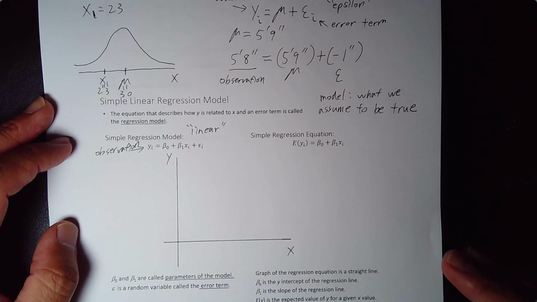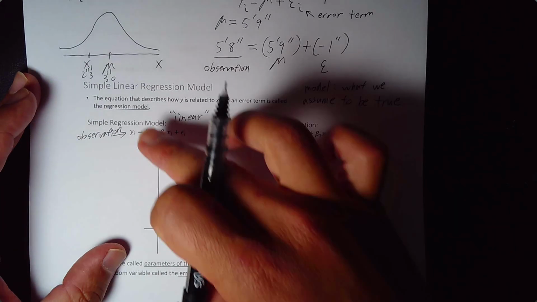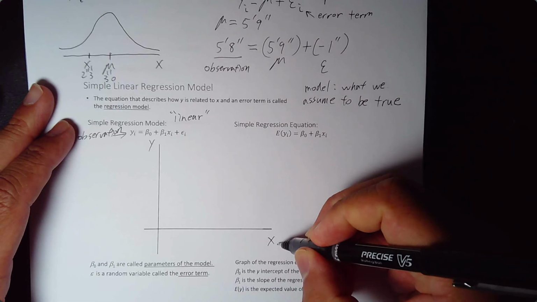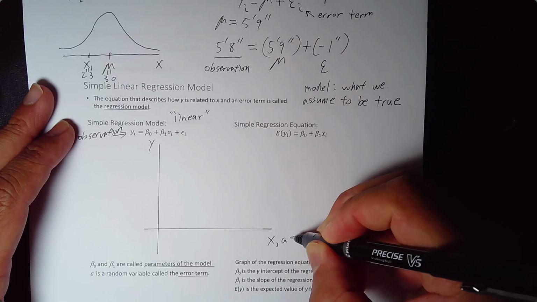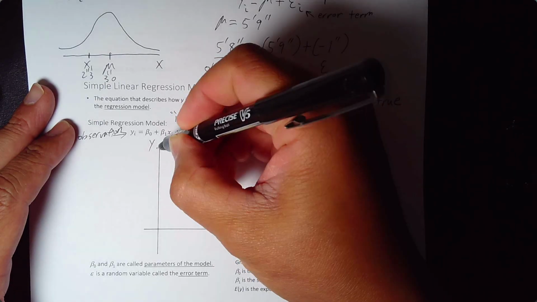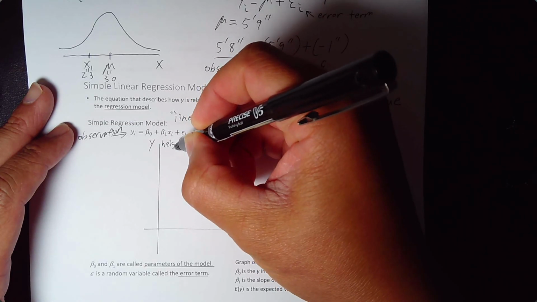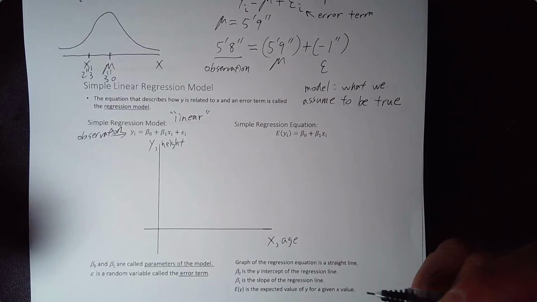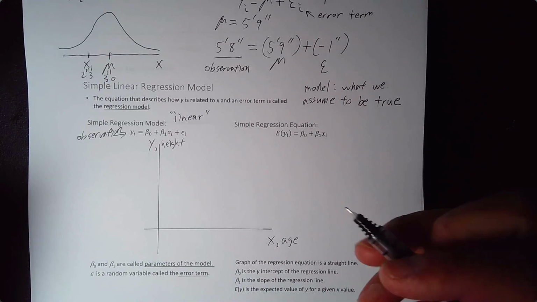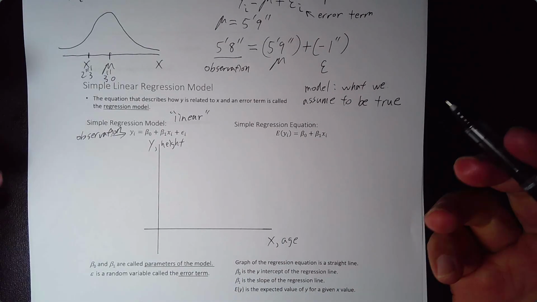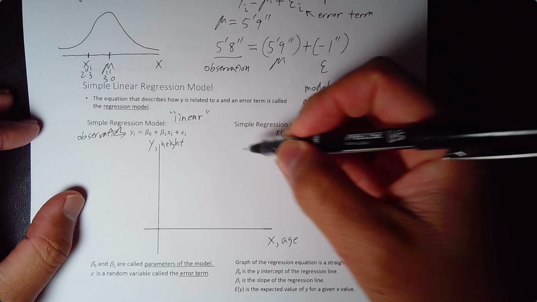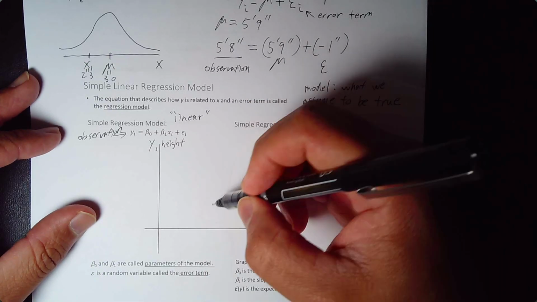Okay, so I draw a little x and y diagram here, and let's say that x is age and y is height. And so we assume that there is a relationship between age and height. Now hopefully, as you get older, you get taller, and so we have a linear relationship.